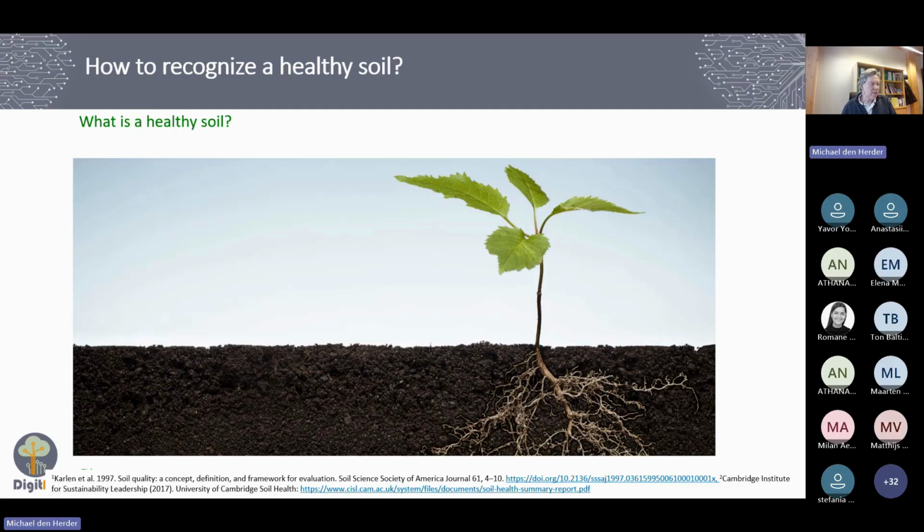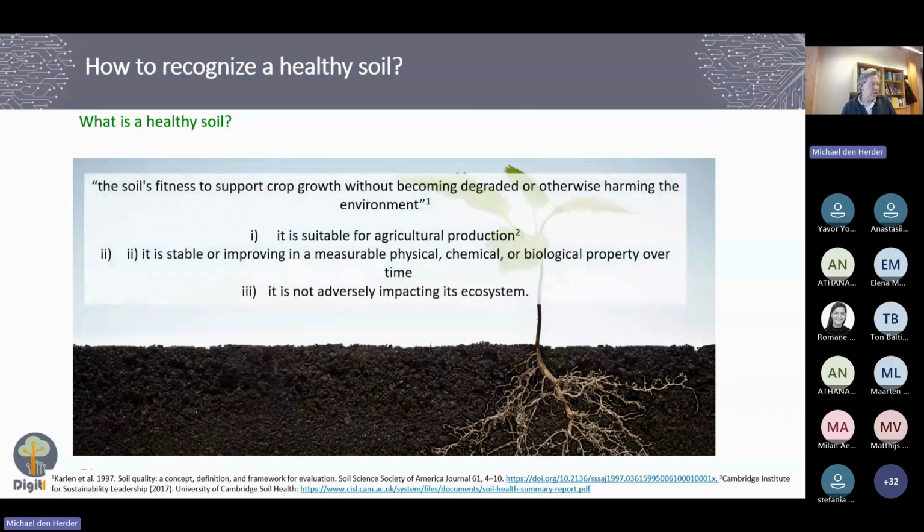So what is a healthy soil? A healthy soil is a soil that can support crop growth without degrading the soil and causing other harm to the environment.